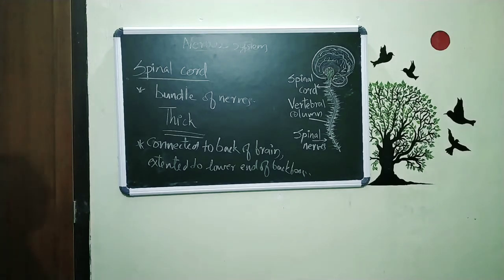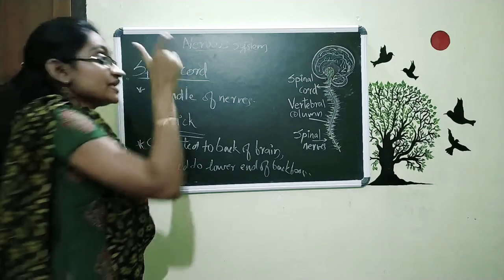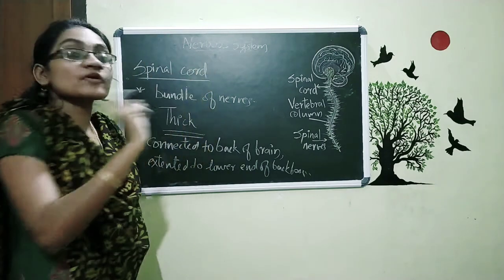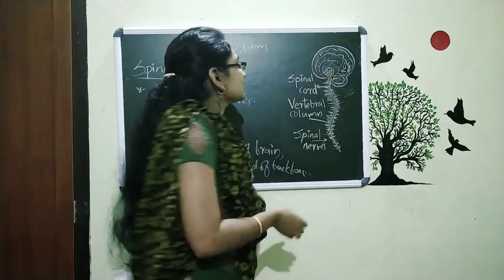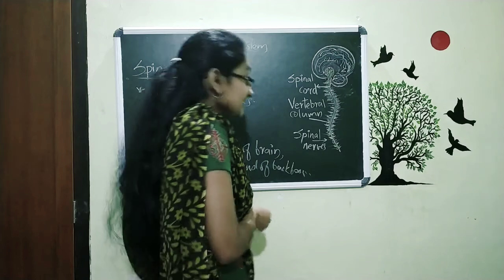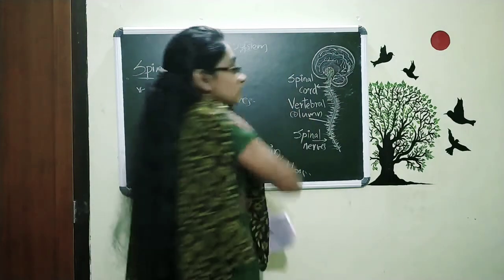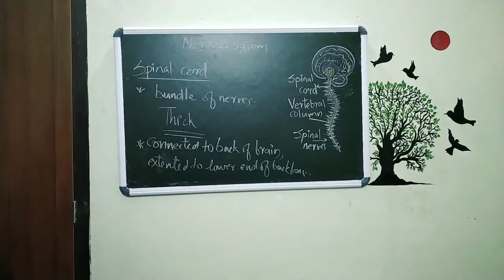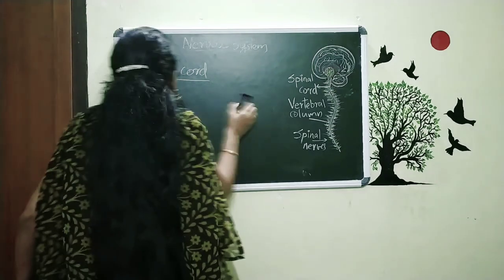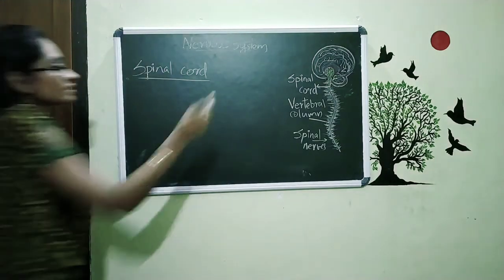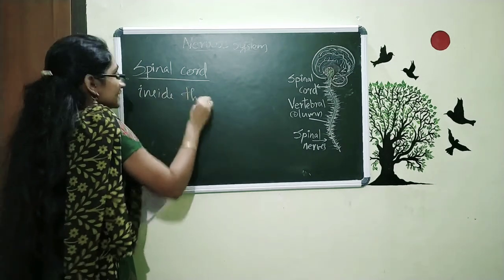When we studied the brain, we talked about its number of protective layers. Who is protecting this spinal cord? What protects the spinal cord is the vertebral column. The spinal cord is inside the vertebral column.